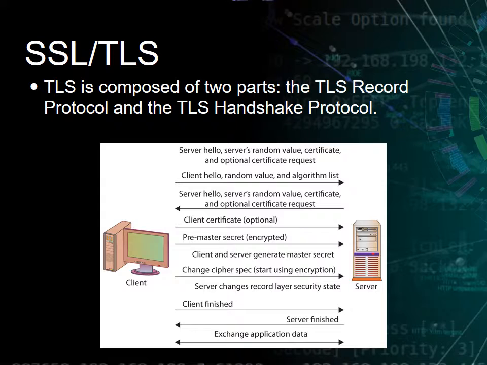This is exactly what's happening with TLS. They negotiate what algorithm they're going to use. It could be triple DES, it could be AES, it could be a lot of different things. But they agree upon it, and then they generate a random key. The client transfers that random key to the server, and the server uses that to establish the connection. And that is good for the duration of the connection between the two systems.